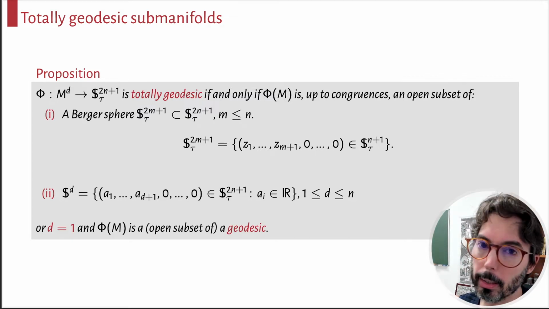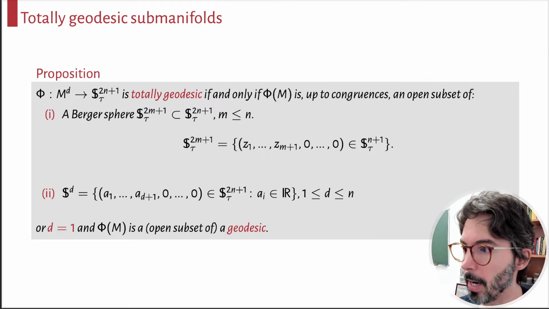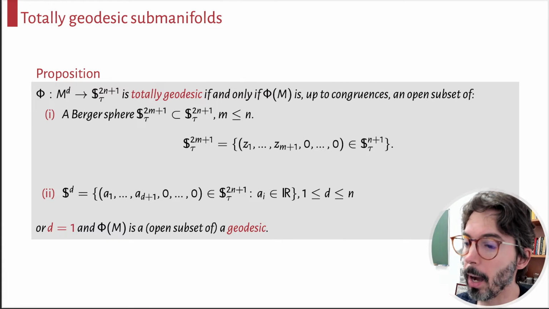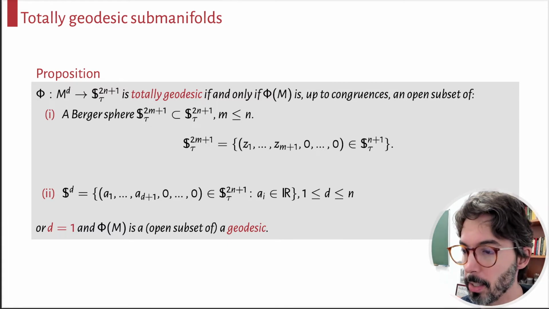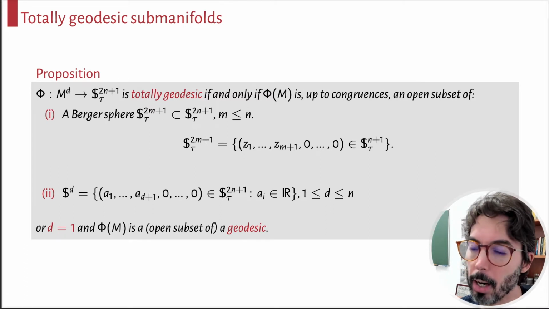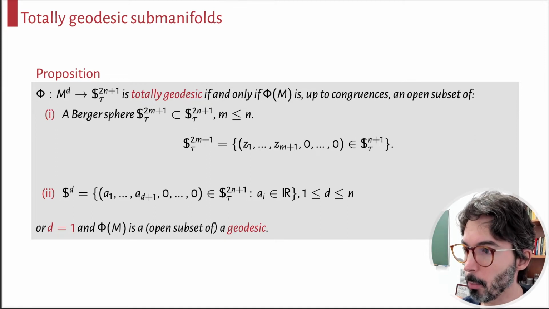Or we have, as a limit case, dimension 1, where the immersion is actually a geodesic, of a kind other than the ones shown in 1 and 2. Okay, so these are the simplest ones, the totally geodesic.